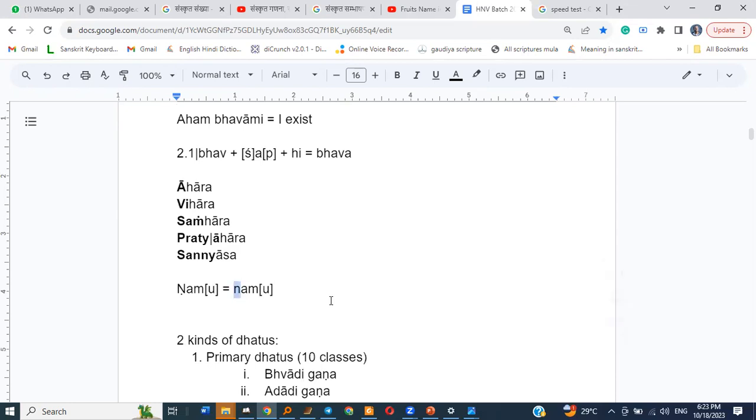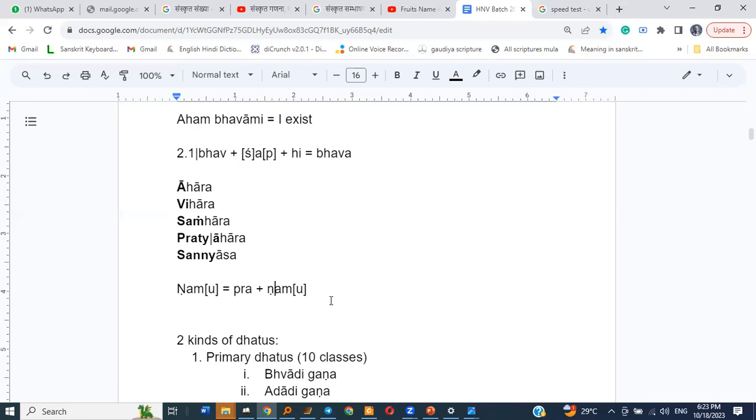Like, this is called nopadesha. Nasya upadesha, right. So na, the murdhanya na, cerebral na changed into the dental na. So when we have some upendra before it, prior to it, this nopadeshasya na will turn back into na, like this one with a dot below.